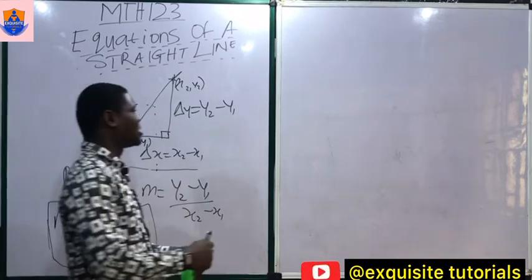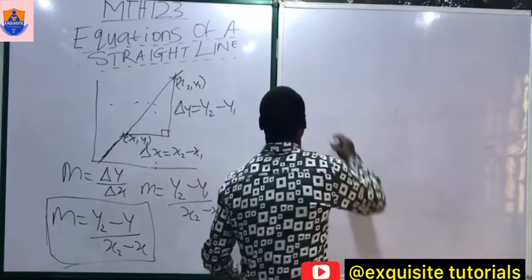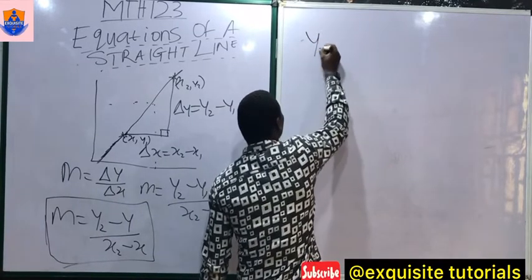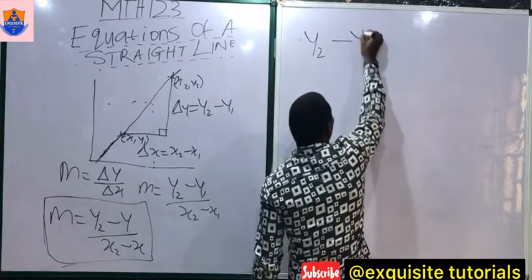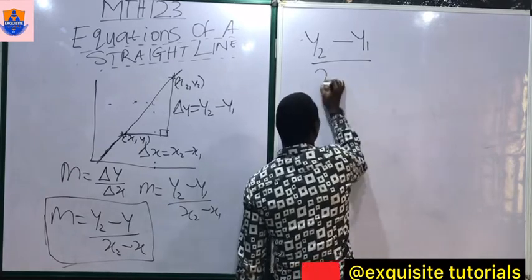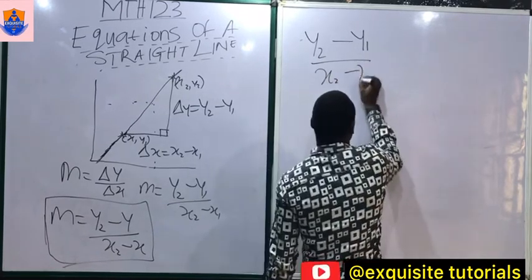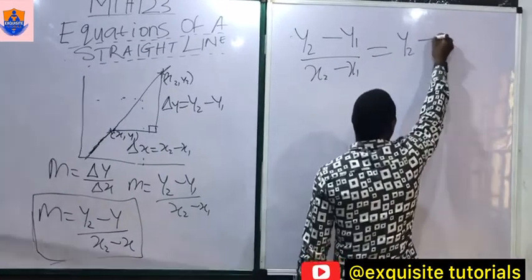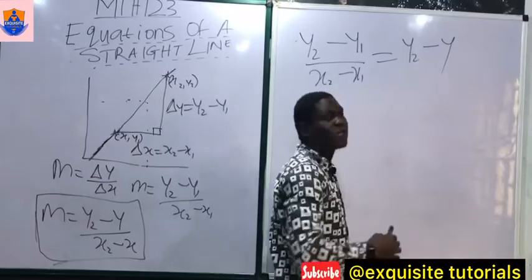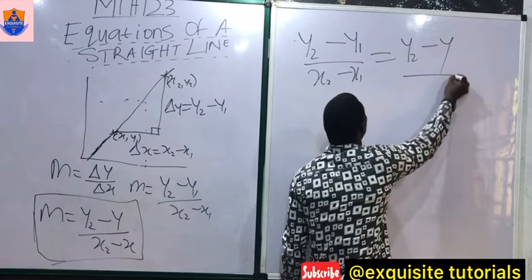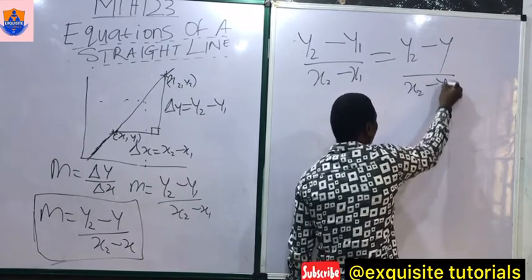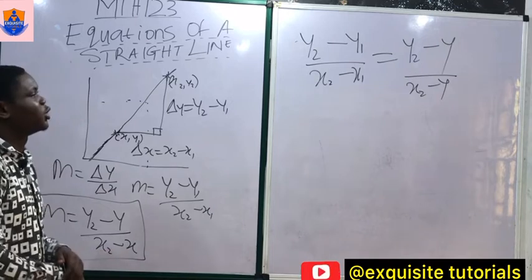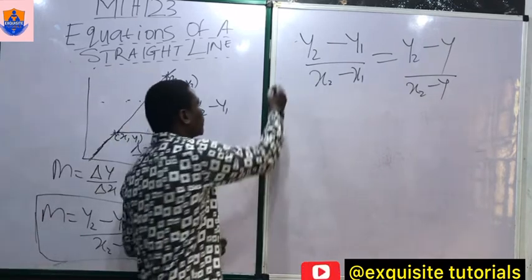So this will be the second form of equations of a straight line. The second form becomes y2 minus y1 all over x2 minus x1 equal to y2 minus y all over x2 minus x. So this is the second form of the equation of a straight line.